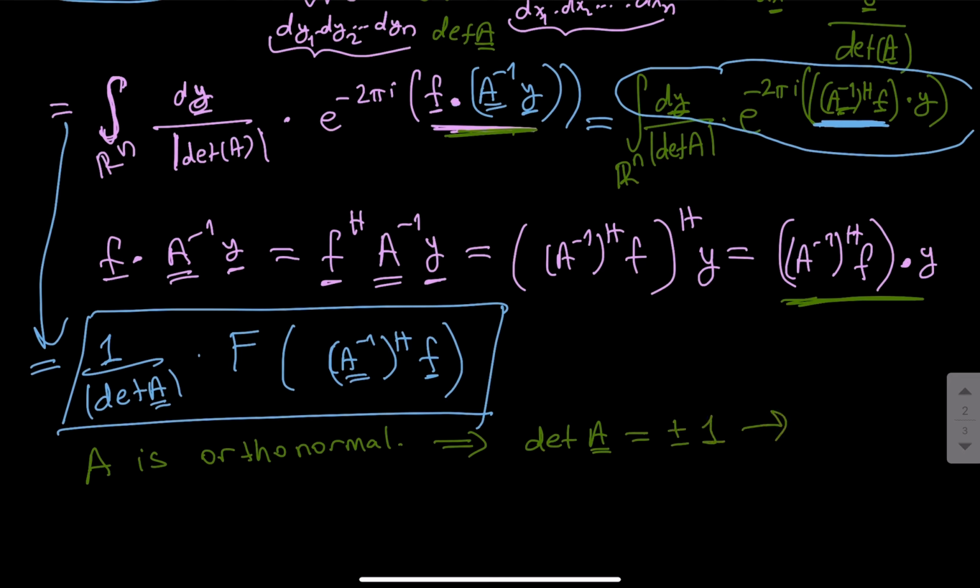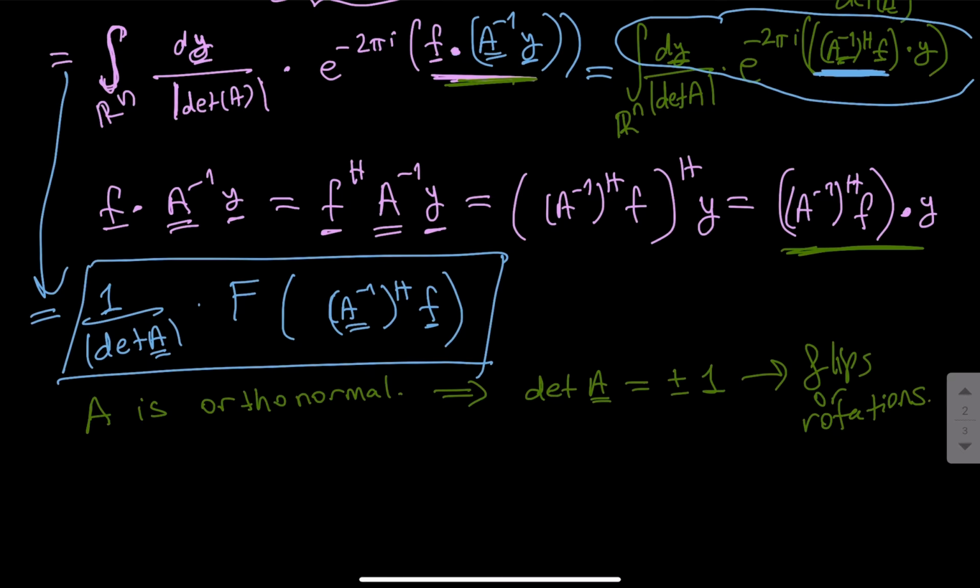So these are flips or rotations. Also, A inverse, in this case, equals A Hermitian. So A inverse Hermitian is equal to A itself.